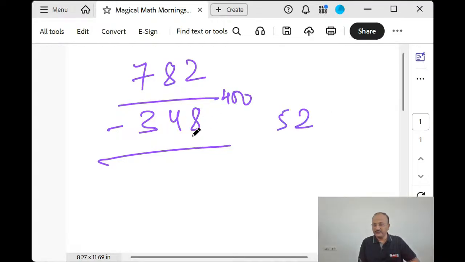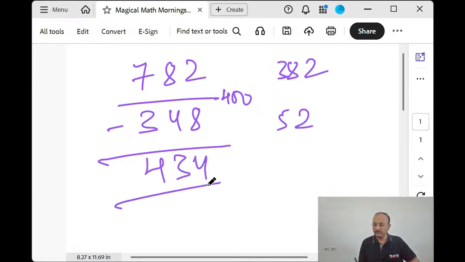Sorry, 400 is 52 more than 348, correct? How much is this greater than 400? It is 382. Now we'll add this, 382 plus 52, 434. In mind we can do this, correct? 782 minus 348 is just 434.